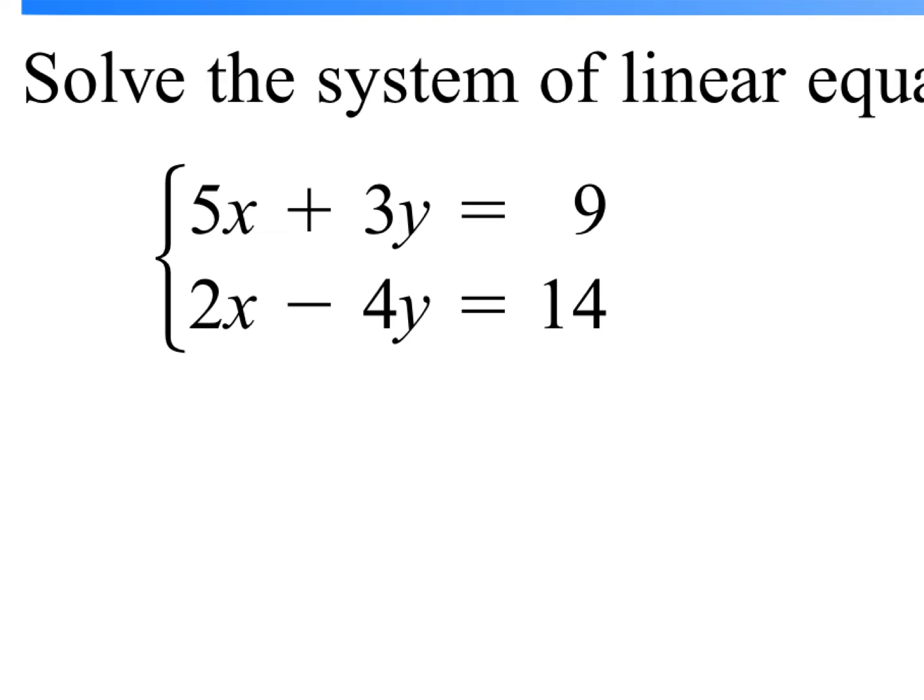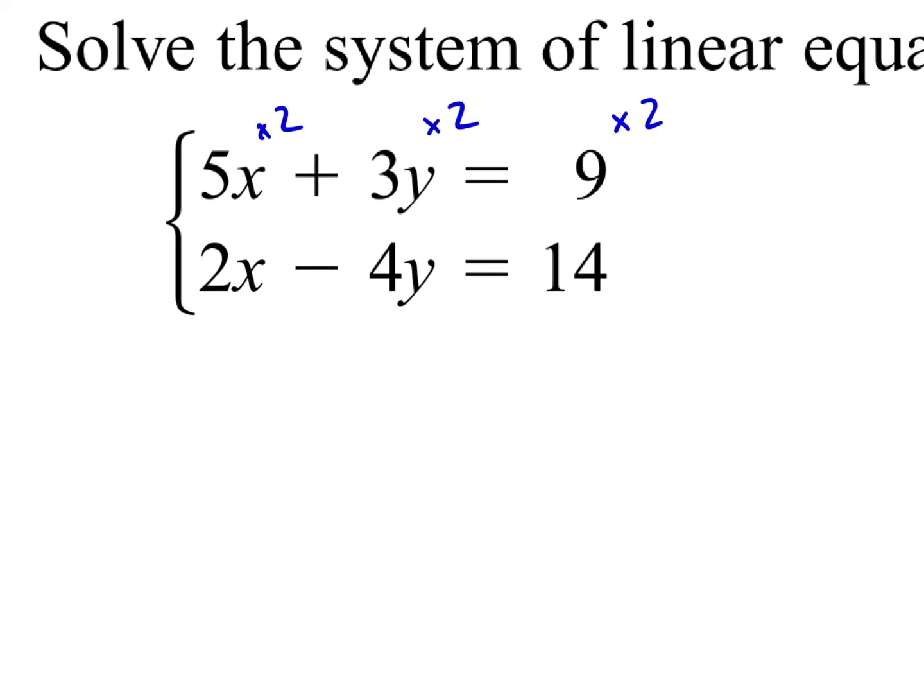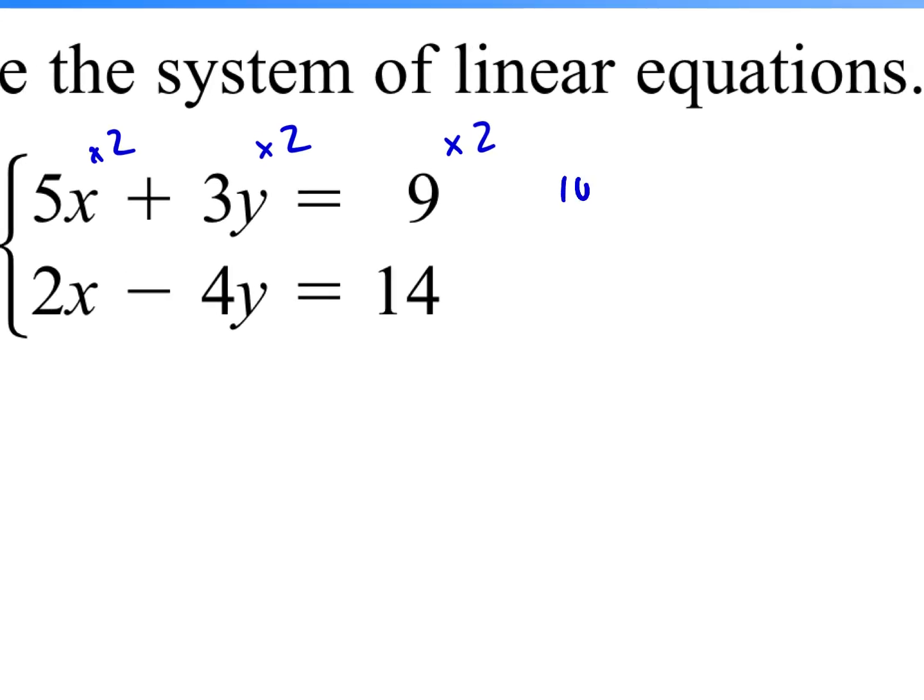Or we could multiply the first one by 4 and the second one by 3, because one of them is already positive and the other one's negative. So either way would work. We can multiply the first one by 2 and the second one by negative 5. That works. But remember, in order to cancel, you need one of your terms to be positive and one to be negative. So this becomes 10x plus 6y is equal to 18.